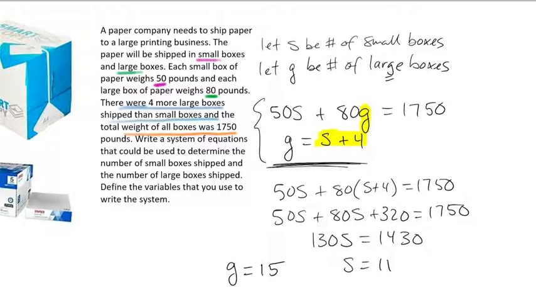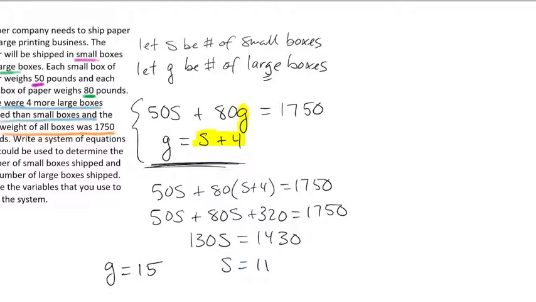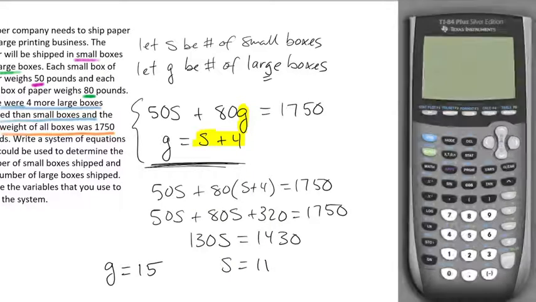And if I take 50 times S, which was 11, and I add to that 80 times G, and G is 15, I do get 1,750. So this completely checks.